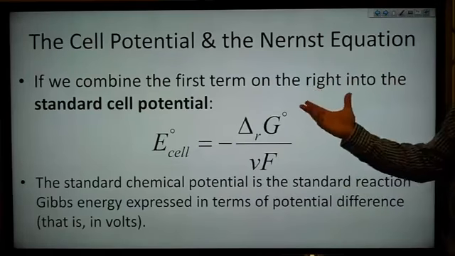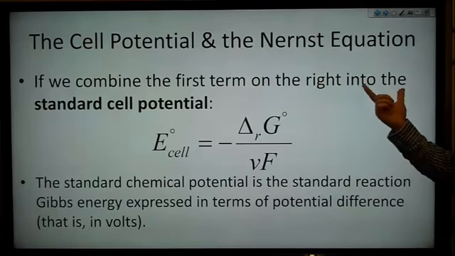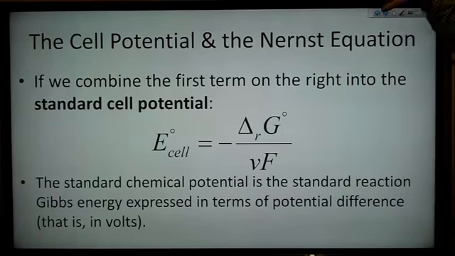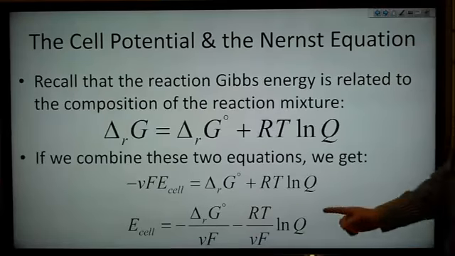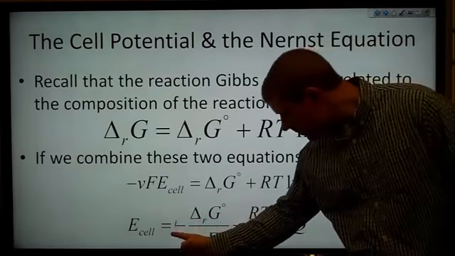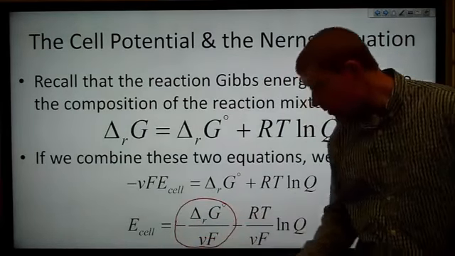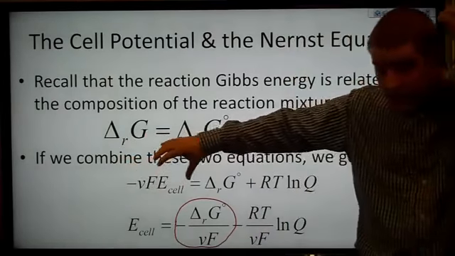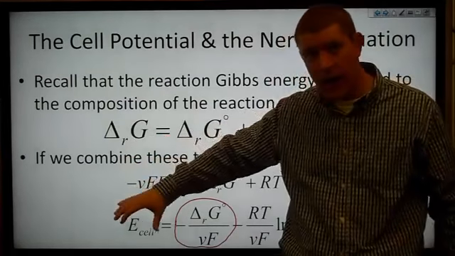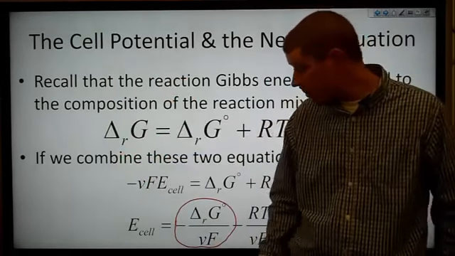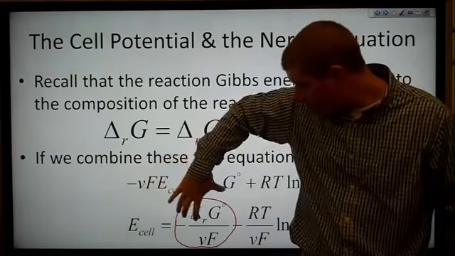And if we combine that first term on the right into our standard cell potential, so we go back, we're combining this term here into our standard cell potential. So here we have the cell potential under some conditions.